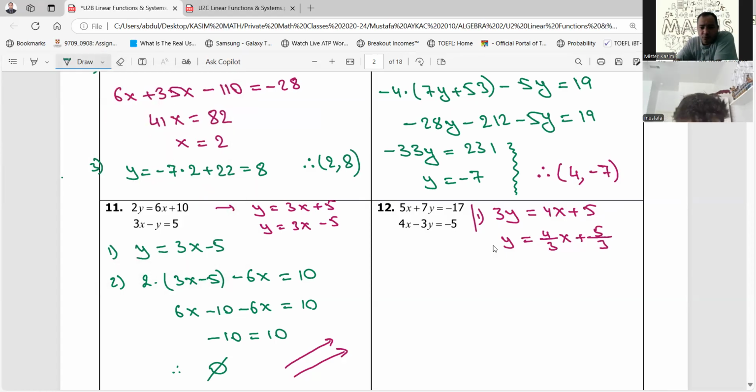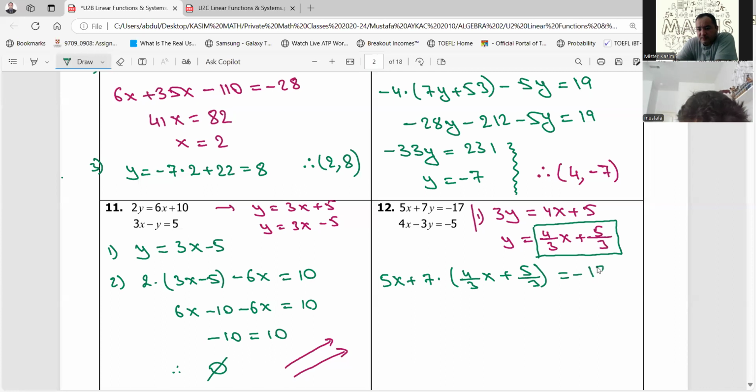Wherever I see y, I am going to use this expression now. The first equation is 5x plus 7 times y. What is y? Y is 4 over 3 x plus 5 over 3. On the right-hand side, we have -17.